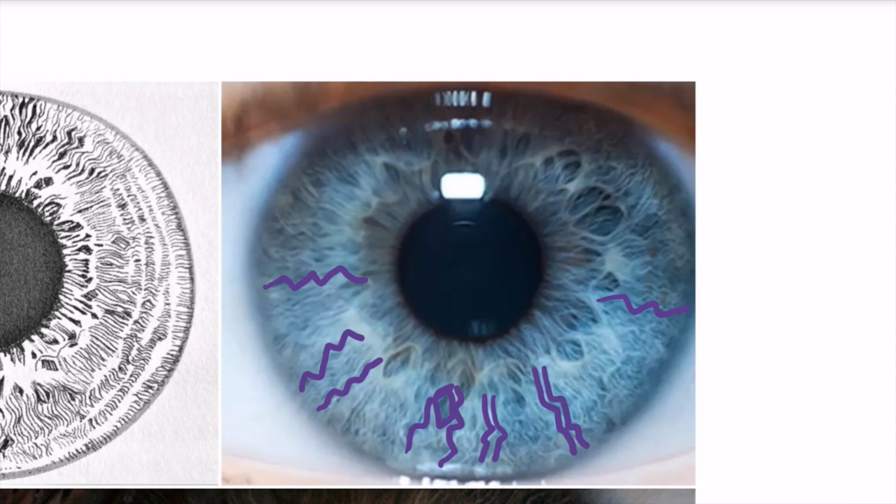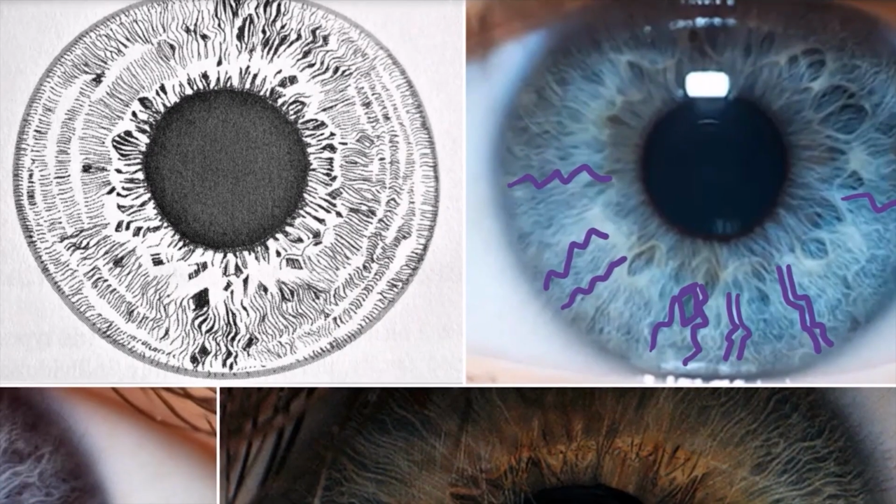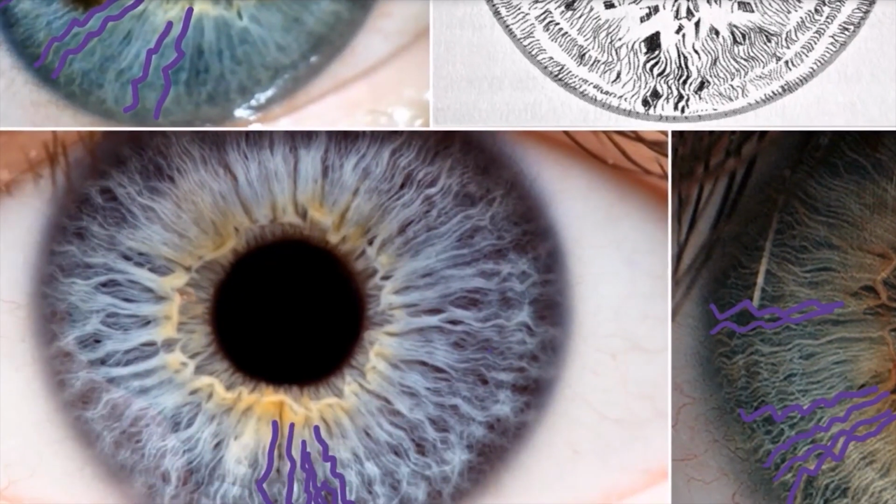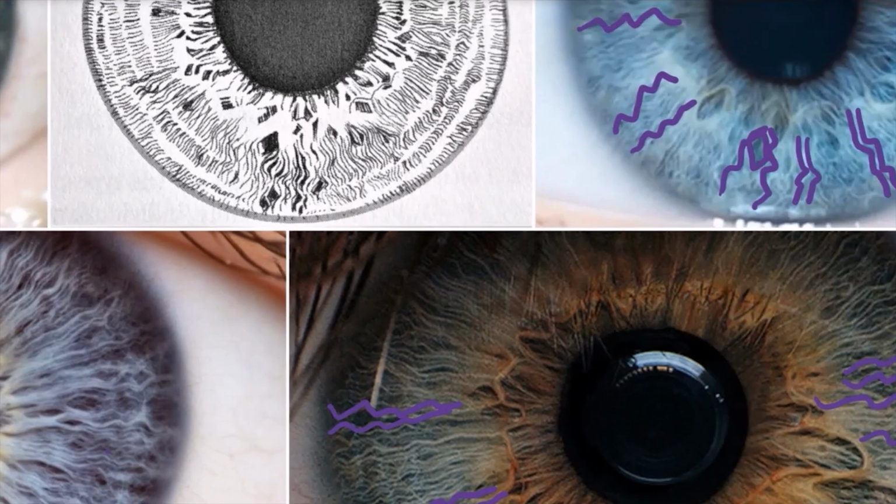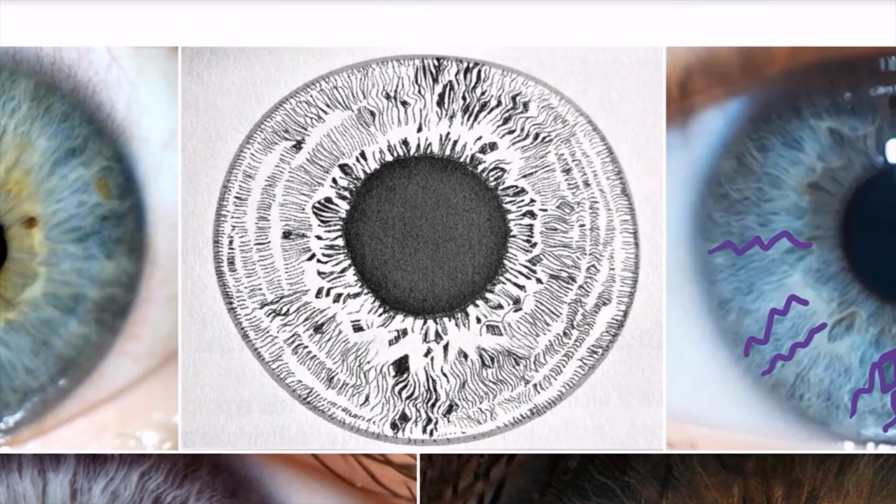All right, so you're going to see differing levels of crimping and zigzagging, and that is going to show you what level of frustration or unused energy or stress in the nervous system this person is experiencing.